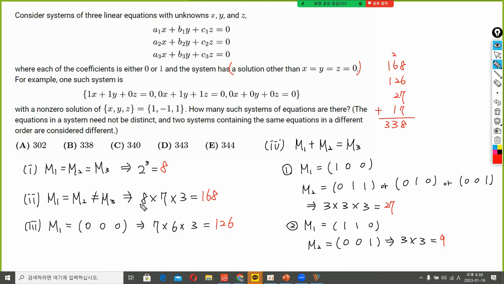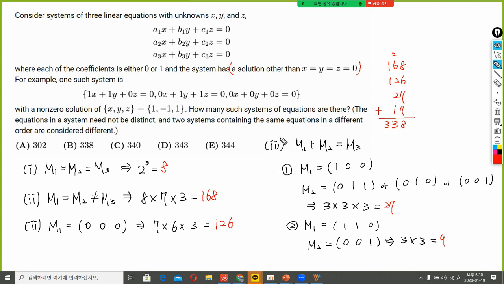So 8 minus 1 is 7, and for M3 one less, so 7 minus 1 is 6. And then once again it can be M1 is 0, 0, 0, or M2 is 0, 0, 0, or M3 is 0, 0, 0. So that's why I'm multiplying 3 here. So the case here is 126.